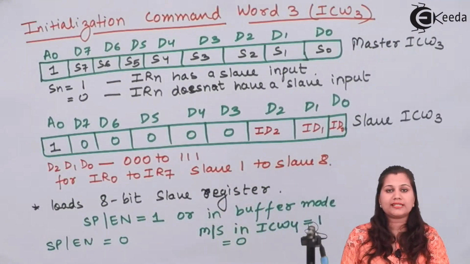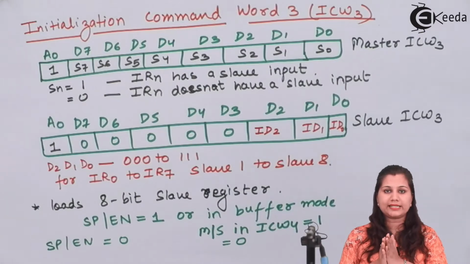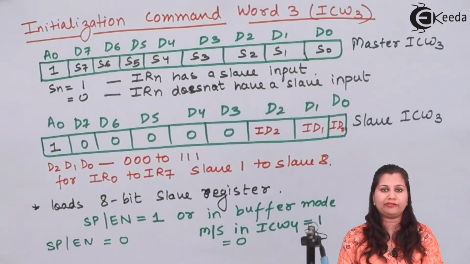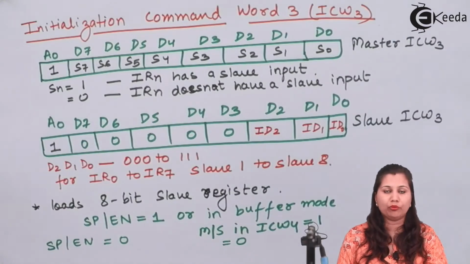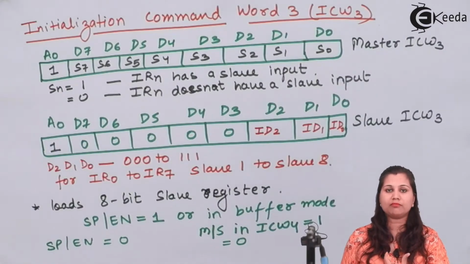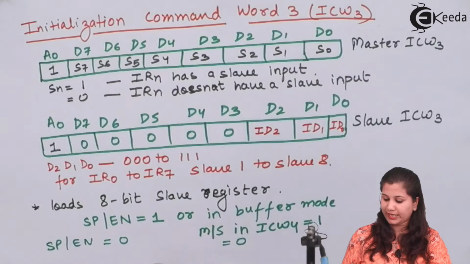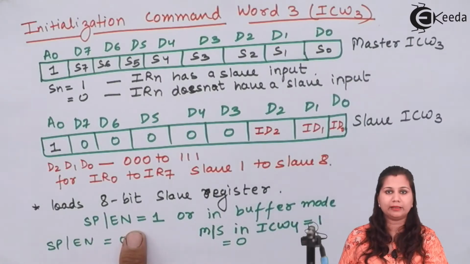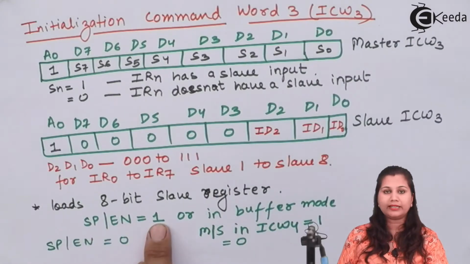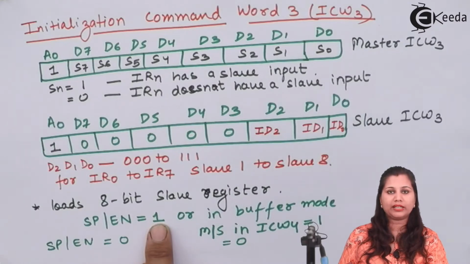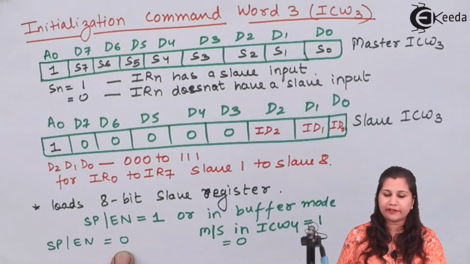So this third initialization command word decides whether the 8259 IC is working in the master mode or the slave mode. Now this mode selection, master mode or slave mode, is decided by the SP and the enable line. If it is 1, then the 8259 is working in master mode. If it is 0, then it is working in the slave mode.